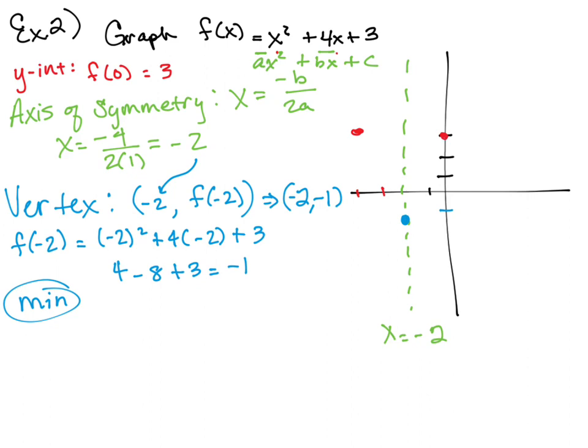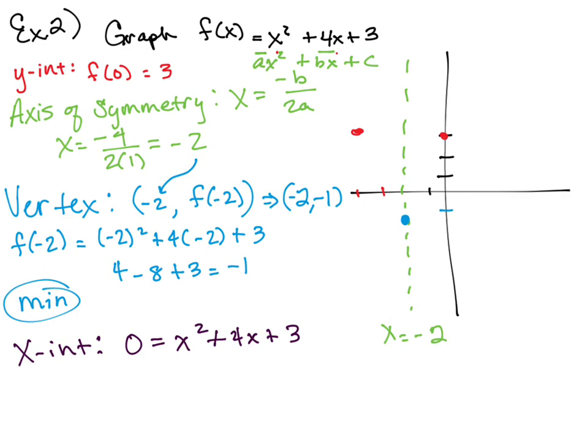Okay. One last set of information. I want to know, where does this guy cross the x-intercept or the x-axis? And these are going to be zeros or roots or solutions. You have names for these. Our first step is hope it factors. We're going to set our equation equal to 0 and hope it factors.